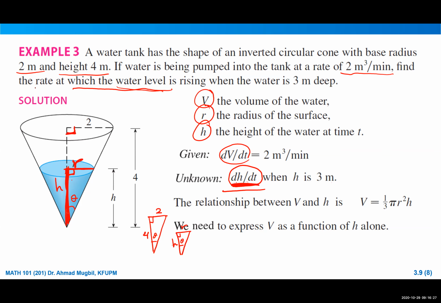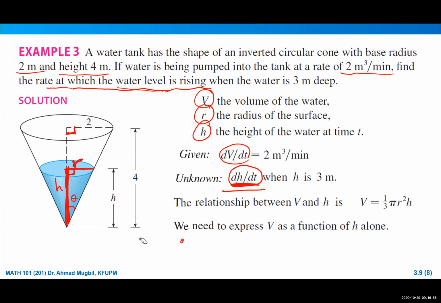Hashim, asking: find the rate at which the water level is rising. So the water level is rising. Who is rising here? Is it H or R? H. If he were asking at which rate the radius of the surface of the water is changing, you would use R.